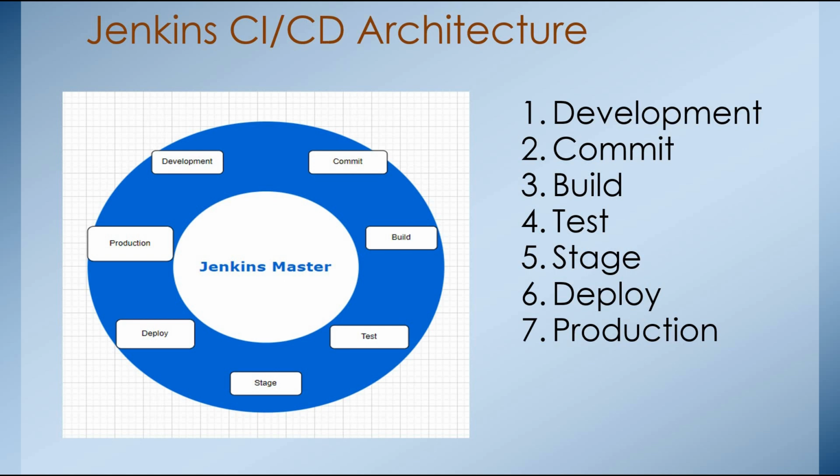Have you understood this architecture? It's a round robin: development, then commit, then build, then test, then stage, then deploy, then it's live in production. Hope you have understood this concept.